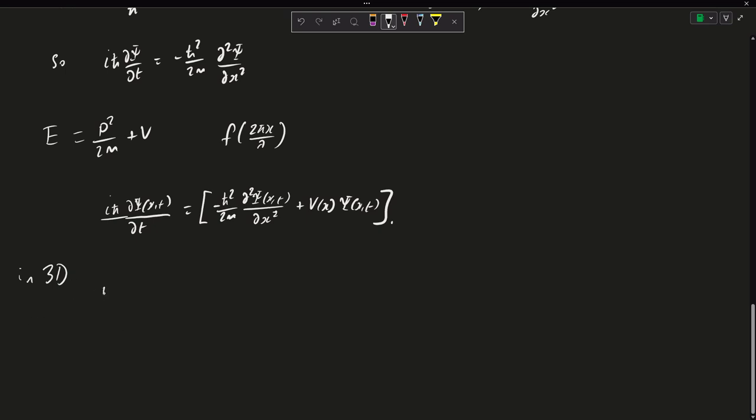We have i h bar d psi of r and t, where r is now a 3-dimensional vector, and this equals minus h bar squared over 2m times the gradient operator squared plus V of r, all acting on the wave function here.